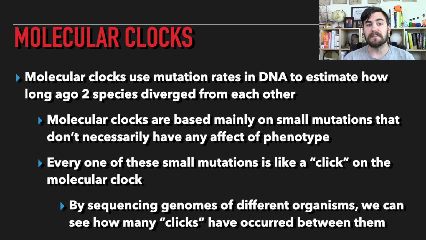And by sequencing genomes of different organisms, we can see how many clicks or ticks or whatever you want to call them have occurred between those two organisms. And then we can try to guess how long it took to get that many clicks, and then we can go backwards and say this is when they branched off from each other.